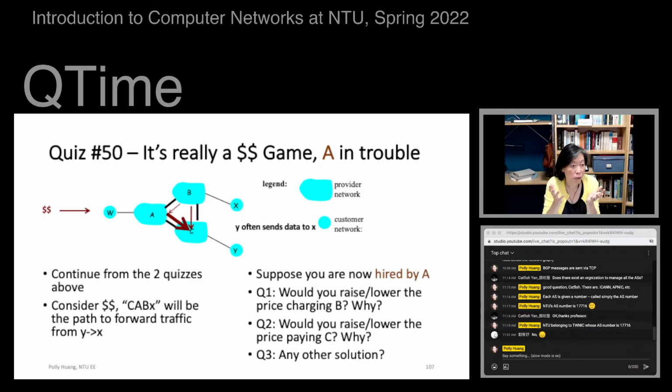Well, in case B wouldn't raise, C wouldn't lower the charge. Q3, can you do anything to make it a little bit fair from A's perspective? So you cannot say B, you cannot advertise BX to me. B will advertise to you, but A, can you do something based on BGP routing policy setting so that it will be a little bit fair to A?